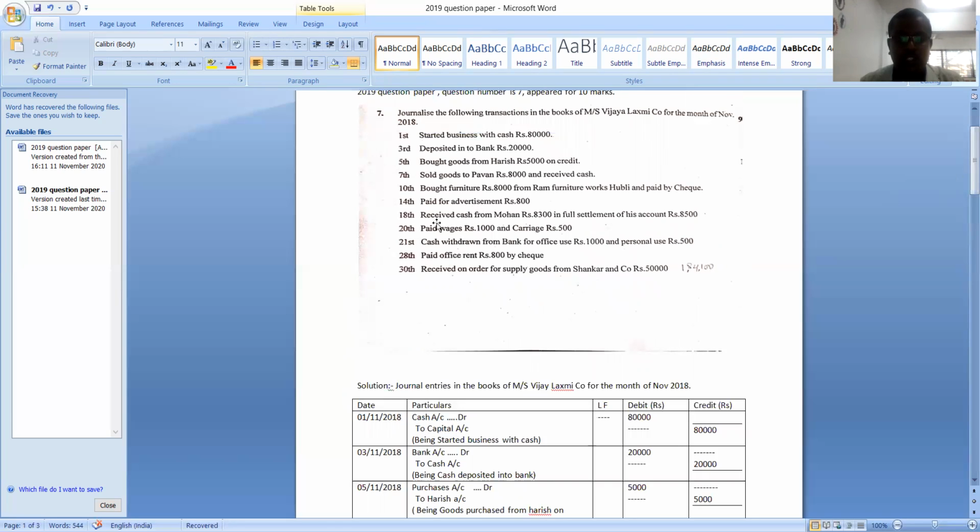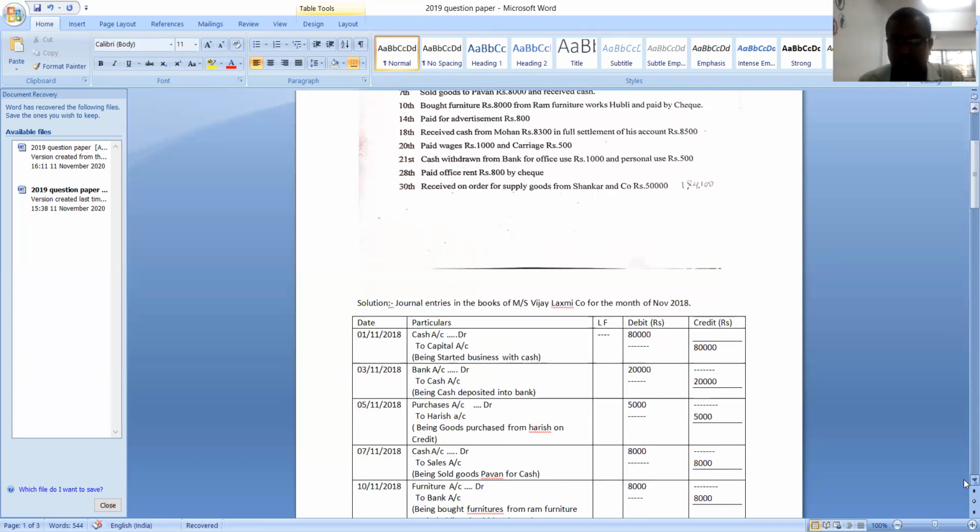What is the next transaction? It is dated on 18th, received cash from Mohan, rupees 8,300 in full settlement of his account, rupees 8,500. How much have we received? 8,300 we have received.